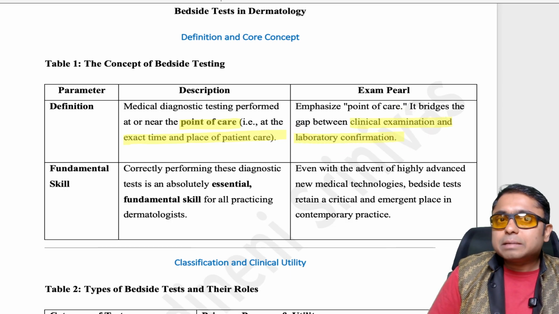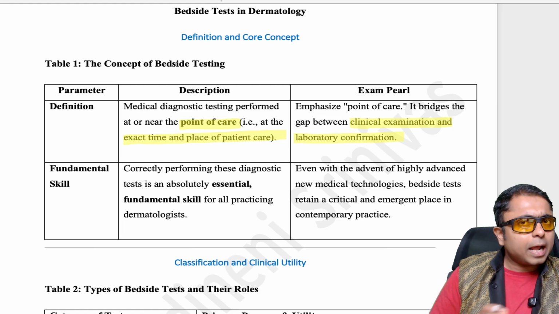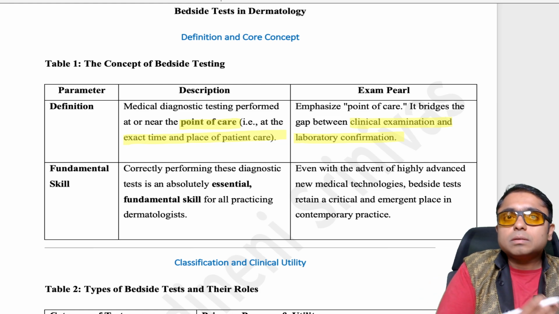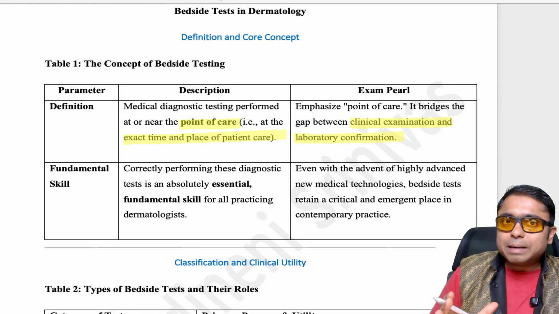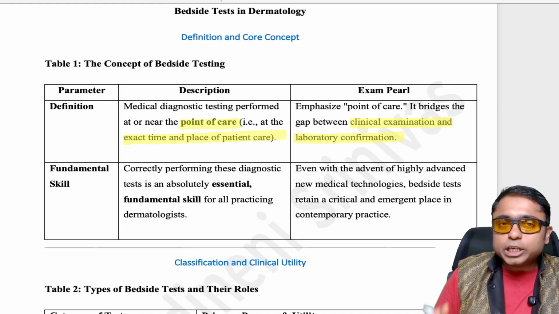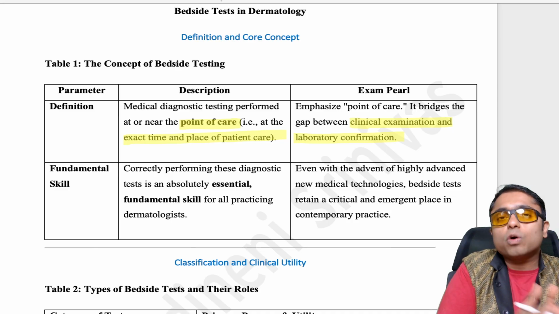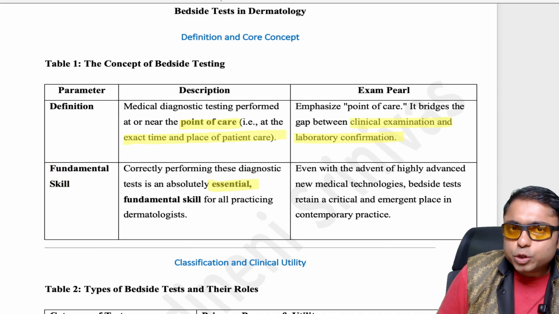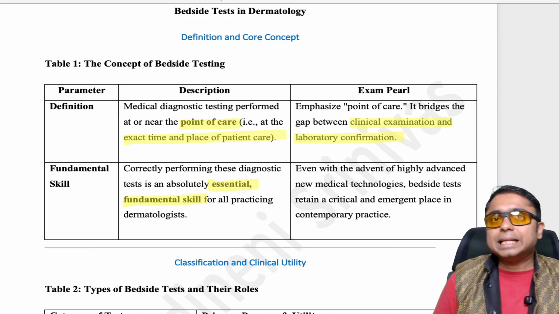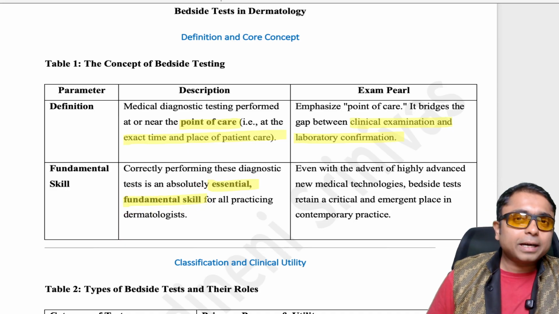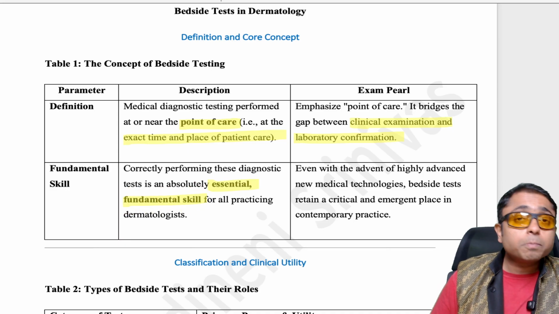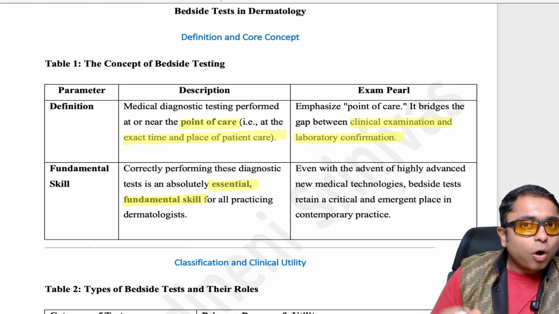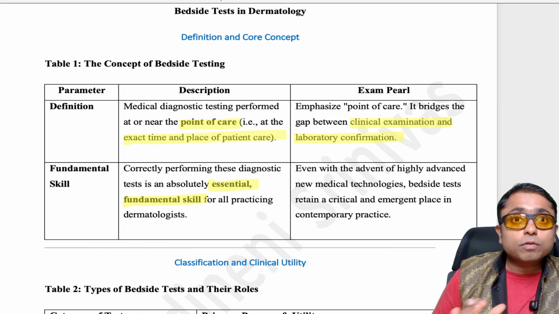Obviously, there are some tests which are done on a lab basis, right? And there are also some tests which we can do just in the OPD. So the bedside test is a bridge between the clinical examination part and the laboratory examination part. There are some essential fundamental skills which should be there for all practicing dermatologists and especially postgraduate students who are learning the basic aspects of dermatology.